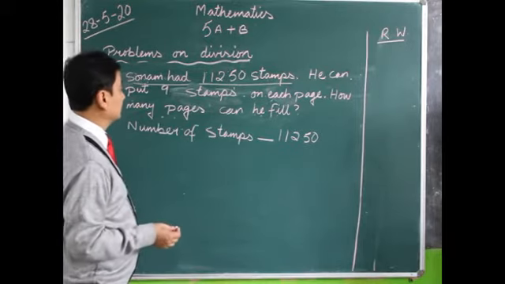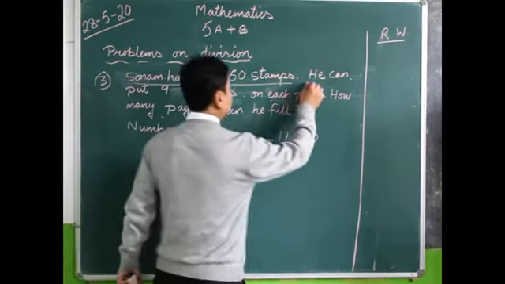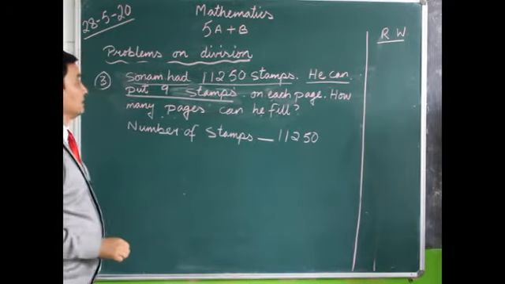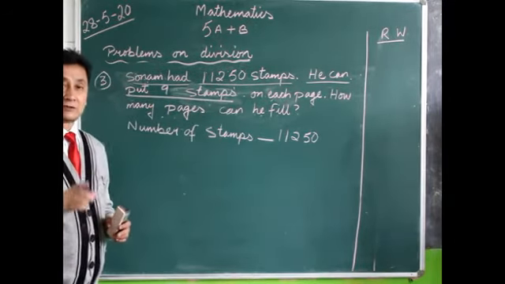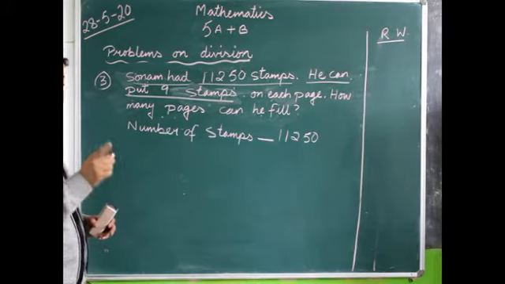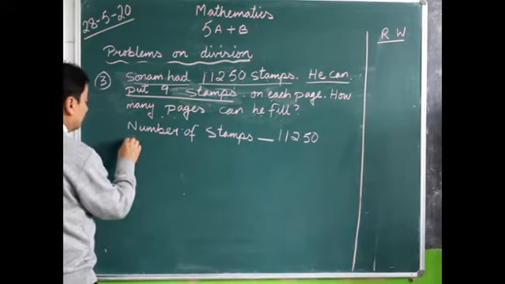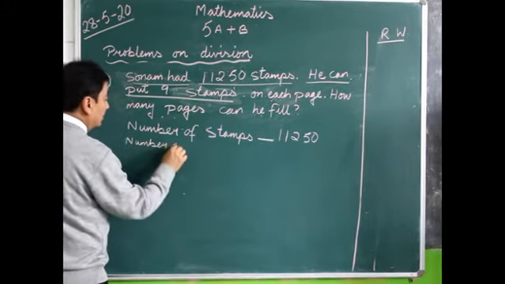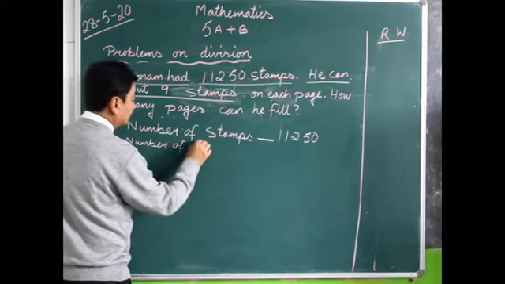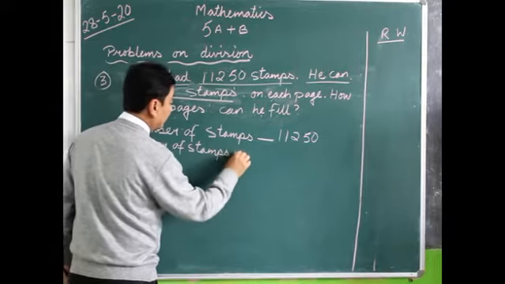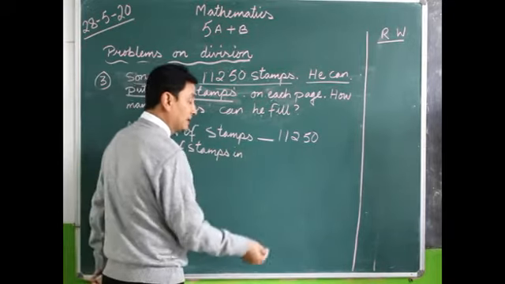Now let's write the second statement. He can put only 9 stamps on each page. Number of stamps, so we can write the statement. Number of stamps in each page or one page.